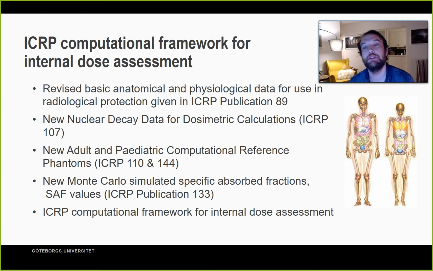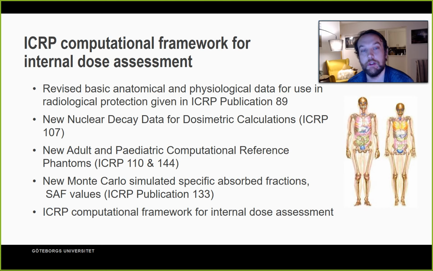ICRP came out with new decay data for dosimetry calculations for relevant elements and radioisotopes, which includes alpha, beta decays and photons. ICRP also came out with both adult and pediatric computational reference phantoms, and the adults are shown here to the right.